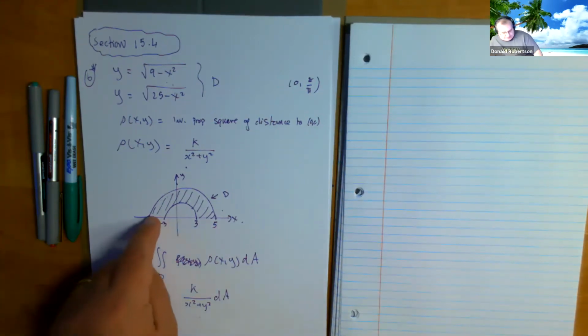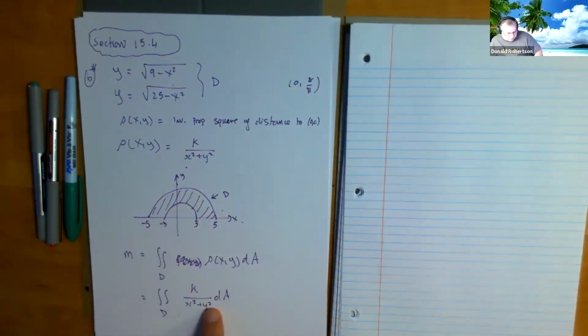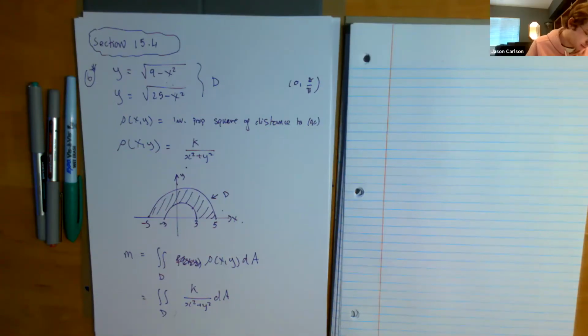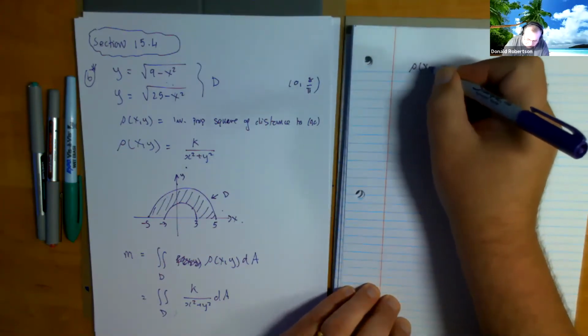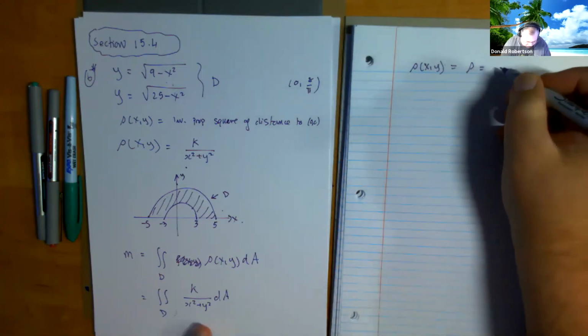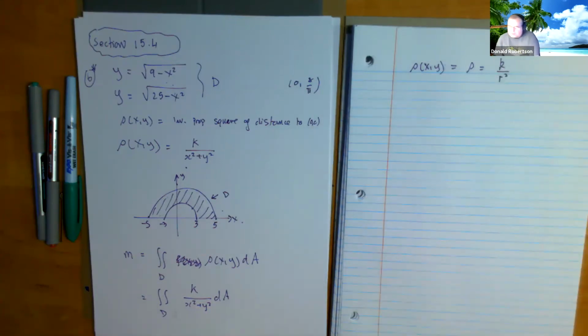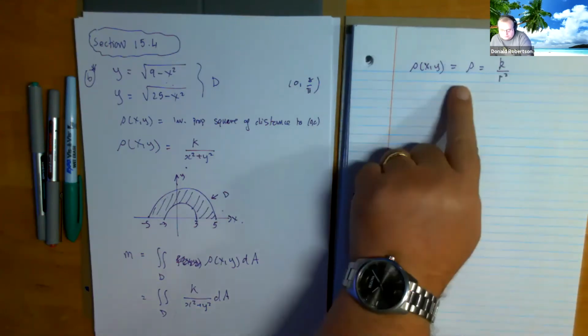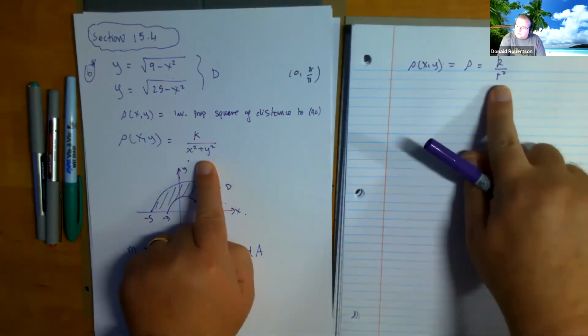And especially when I look at what D is, doesn't this make you think polar coordinates? Yep. So I'm now going to recreate the density function, and it's going to become basically just k over r squared. Are we happy with the k over r squared?